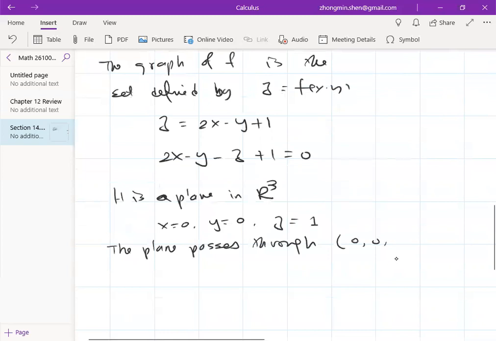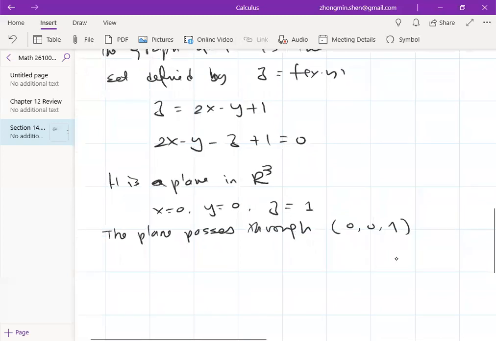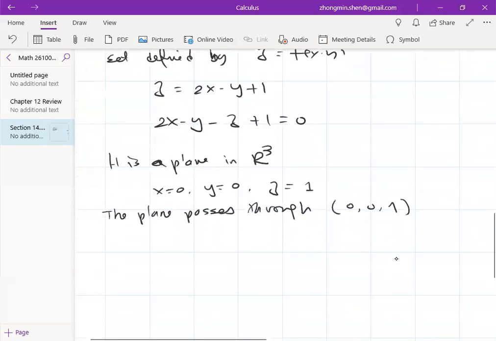This point 0, 0, 1. And actually you can write it in the following way: 2 times (x minus 0) minus (y minus 0) minus (z minus 1) equals 0.